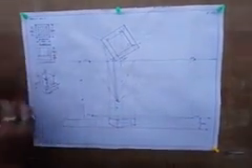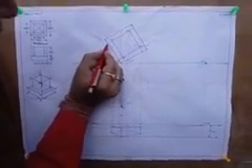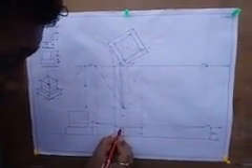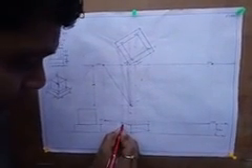Now you can see both the points 1 1 dash and 2 2 dash have been marked on the top edge of this bottom part of the object.